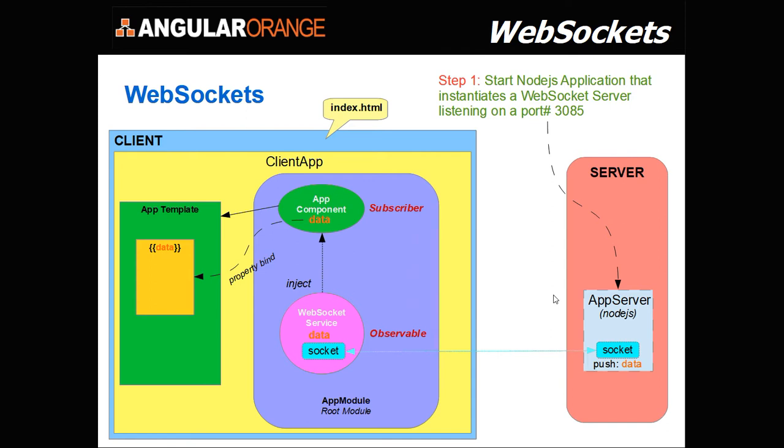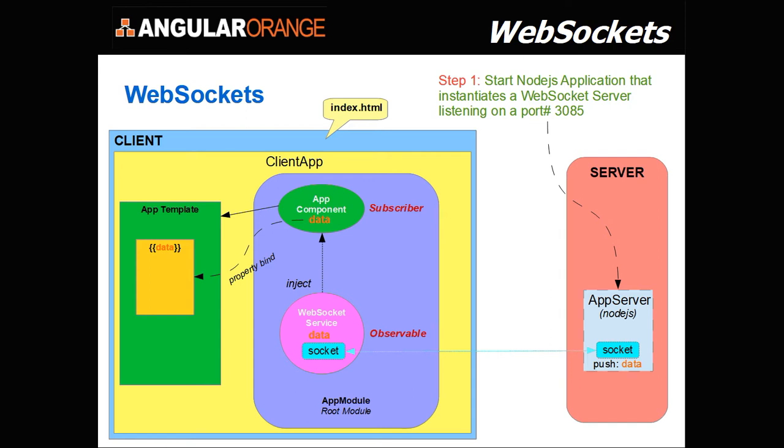So the architecture that we chose to use is that we have an app component with a template, and we have a WebSocket service which we're going to inject into the app component. And the app component is going to say to the service, give me my observable to subscribe to, and I'm going to subscribe to it. And once we do that, we're listening to socket messages through that observable. So that is the model.